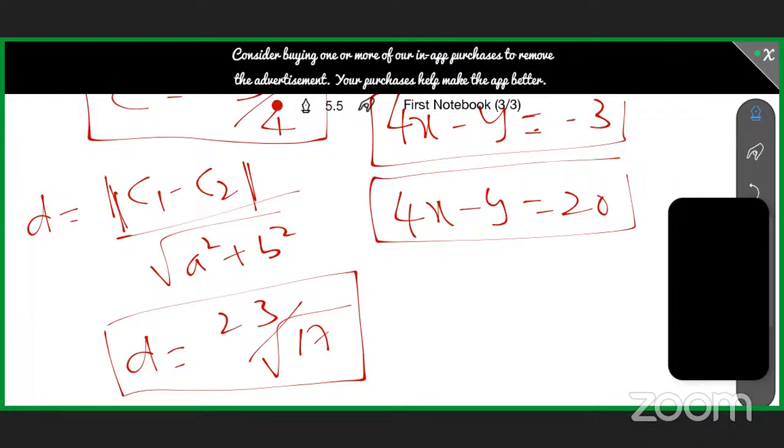There are chapters of this kind: pair of straight lines, and one more, the circle. A lot of equations and formulas you will learn. Apart from that, other chapters are okay. For those chapters, you have to work a little. That's why I'm taking concept by concept.